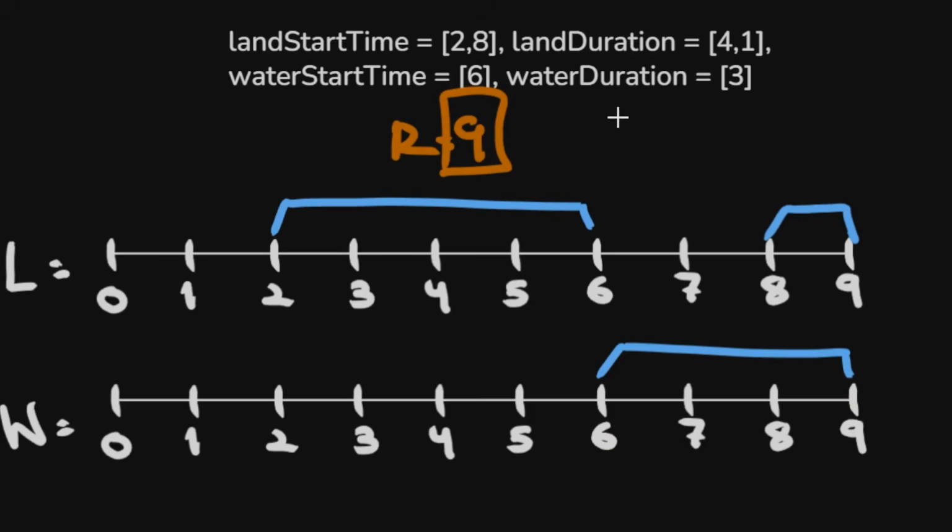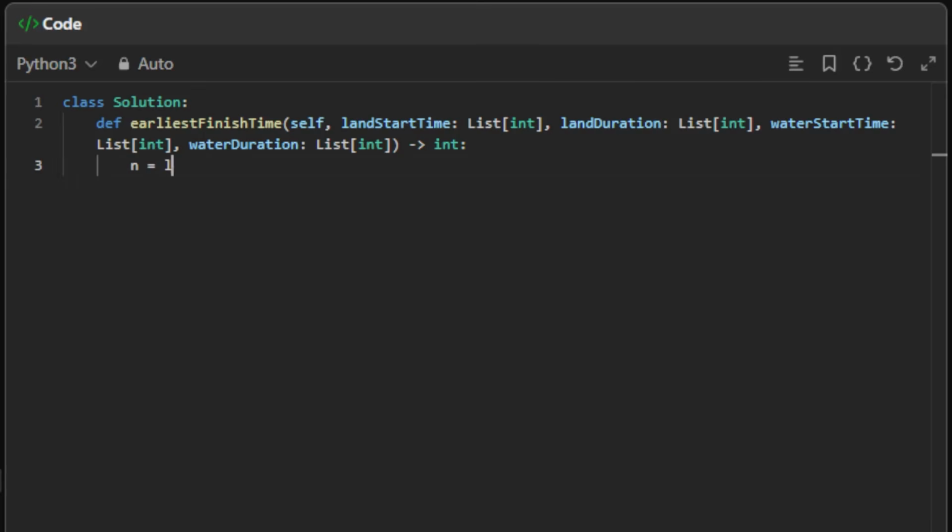As I said before, time complexity for this is big O of n times m, and space complexity is big O of 1. So with this in mind, now let's go with the code. First we can say that n is the length of land start time and m is the length of water start time. The result is initially positive infinity because we're looking for the minimum possible number.